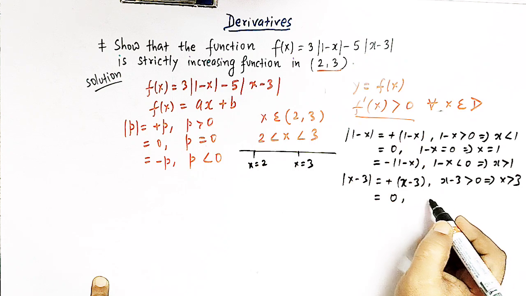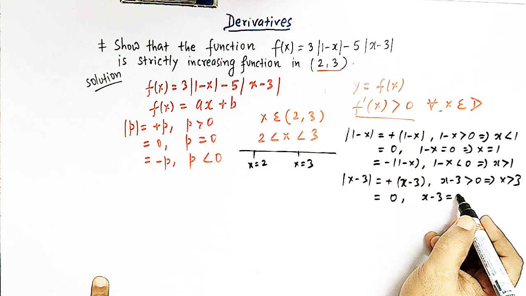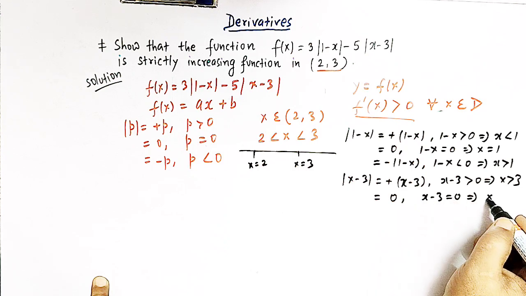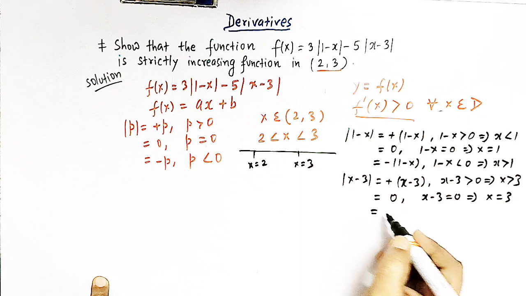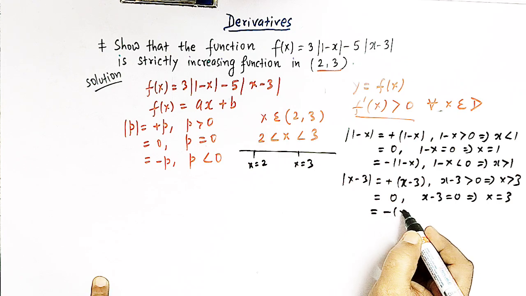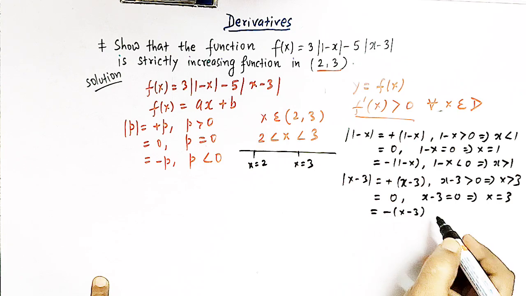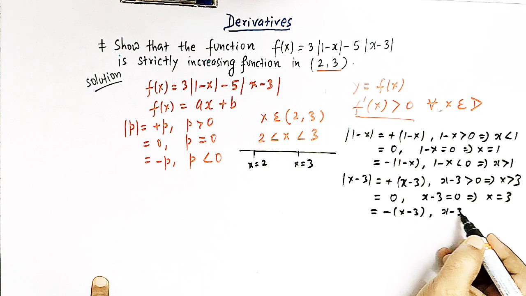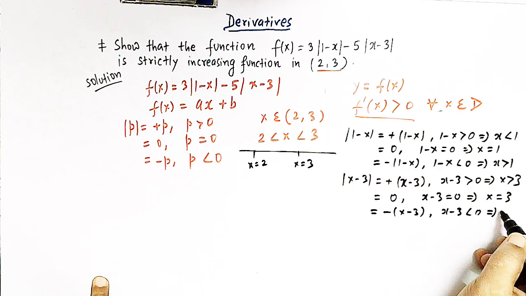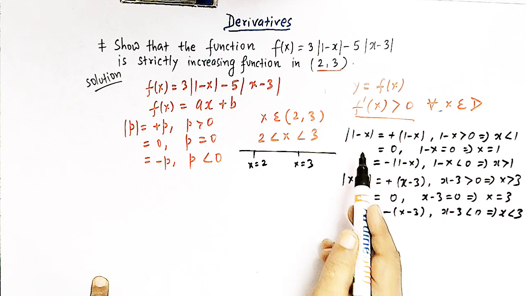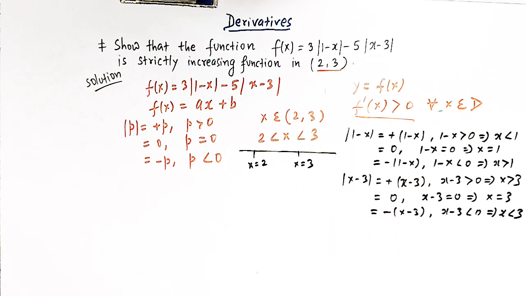This is 0 when x is equal to 3. And here we have negative of x minus 3 when x minus 3 is less than 0, that is x is less than 3.